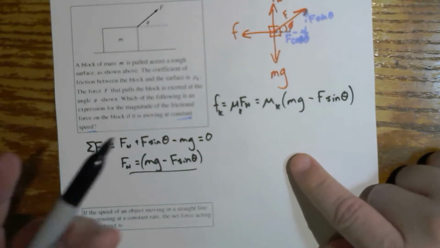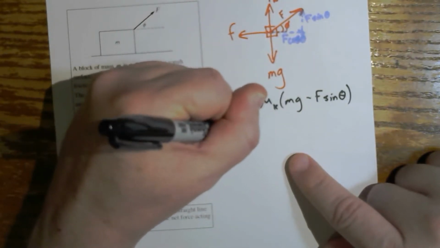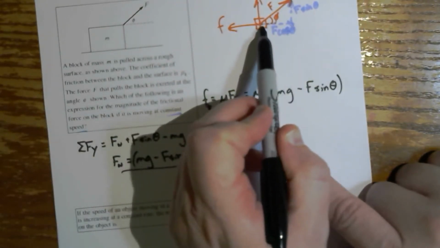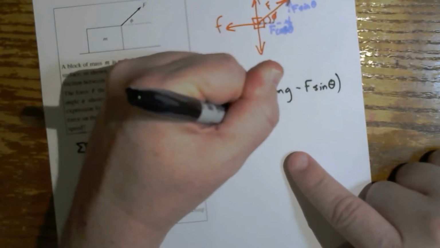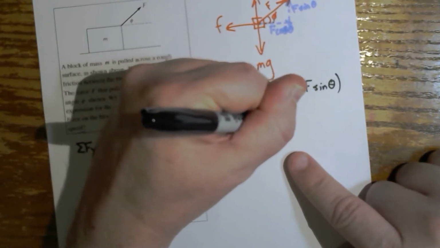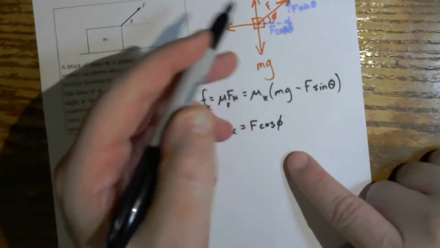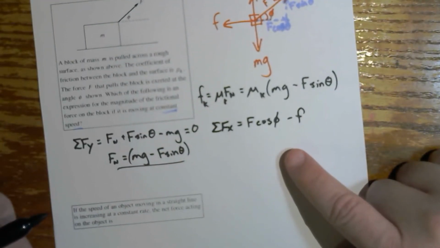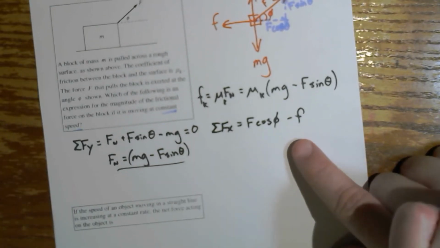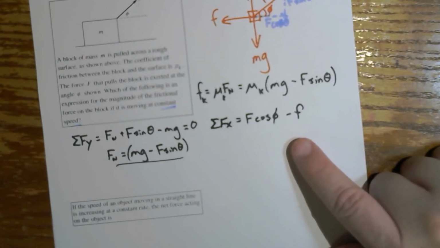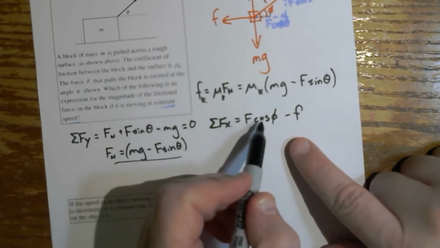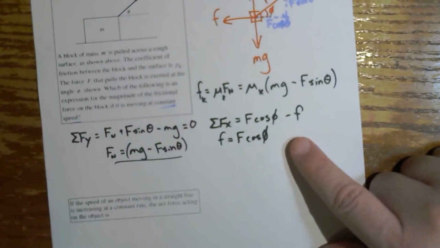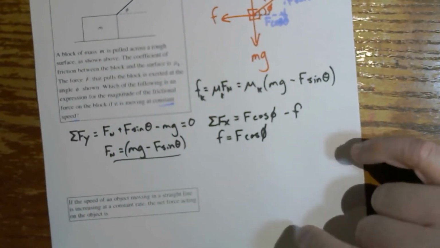And so then you look at it in the horizontal direction. In the horizontal direction, you need to see that this horizontal component, F cosine theta, or cosine phi, has to be balanced by that frictional force, minus F. So the question says, what is the magnitude of the frictional force on the block if it's moving at a constant speed? Well, you could say that the friction is F cosine theta, but the problem is, that's kind of an incomplete answer.